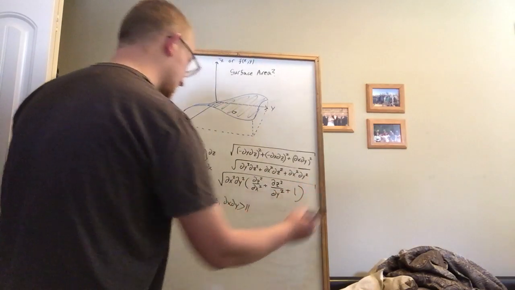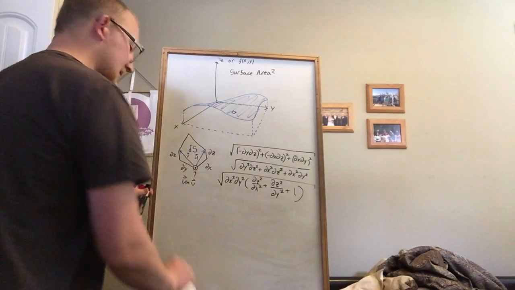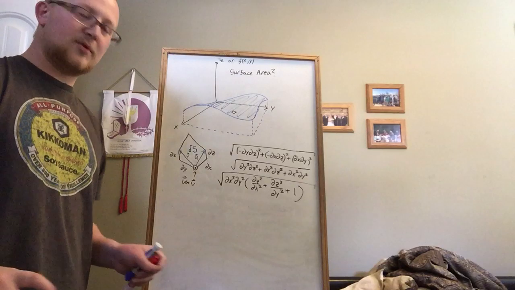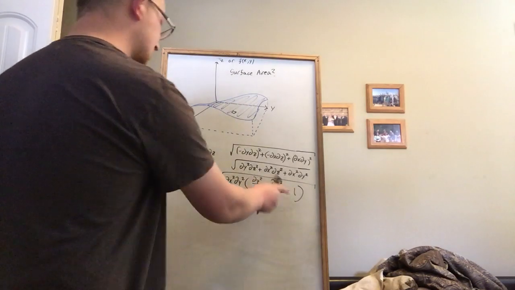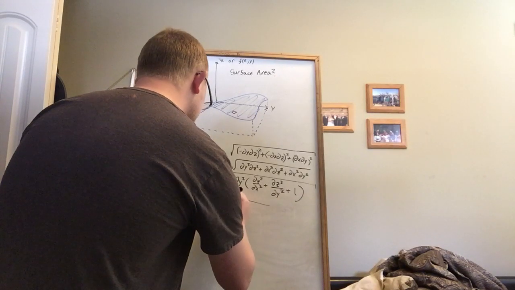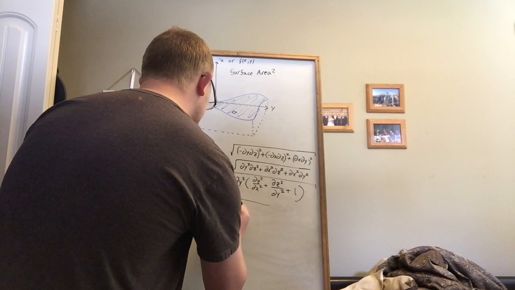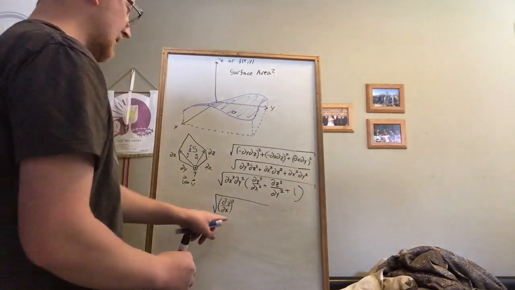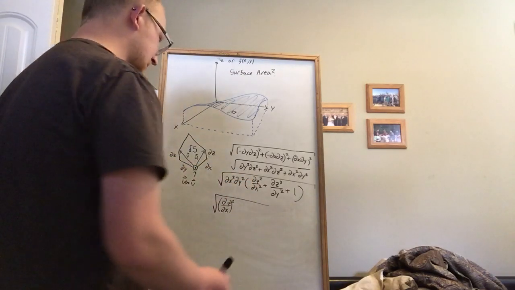Alright, so now that we're at this point, we're going to use the rules of taking square roots and just take the square root of dx squared dy squared, and leave this other stuff down in the radical and simplify it. So I have dz squared over dx squared, which I can write as (dz/dx) squared.